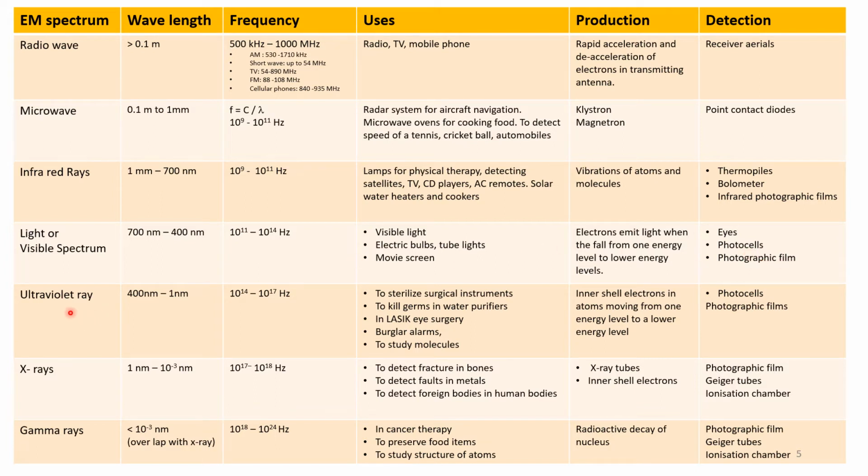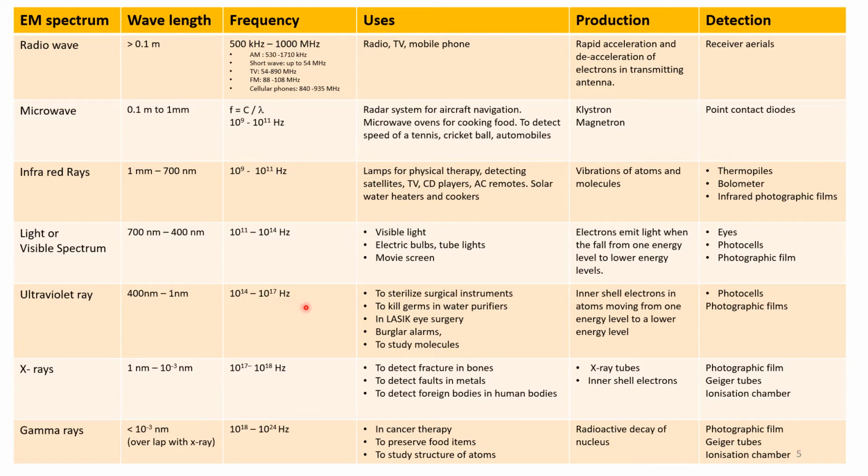Then ultraviolet ray. The wavelength of ultraviolet rays is 400 nanometer to 1 nanometer, and its frequency range is 10 to the power of 14 to 10 to the power of 17 hertz.